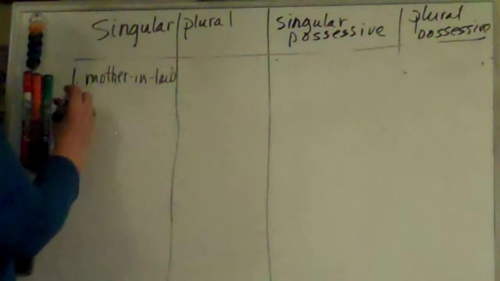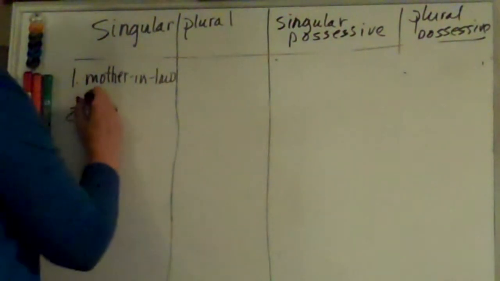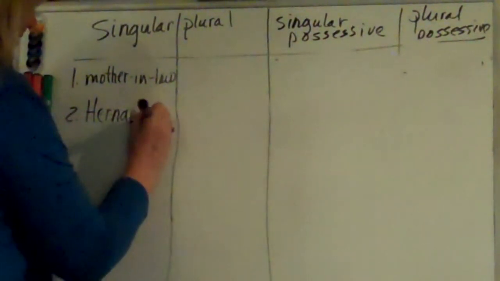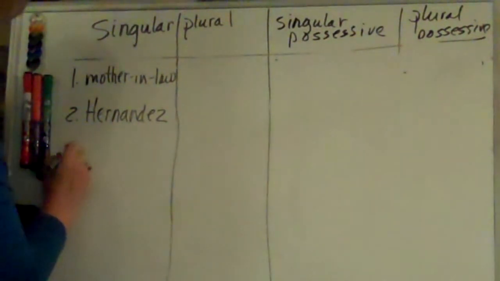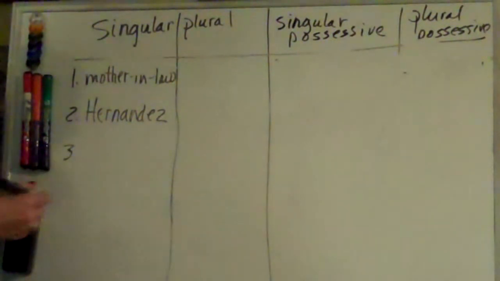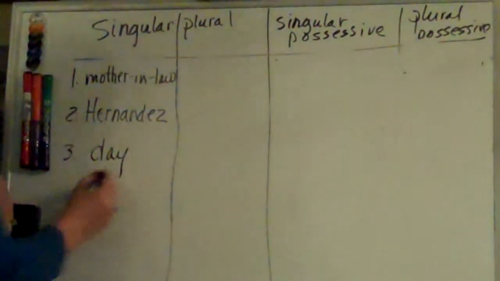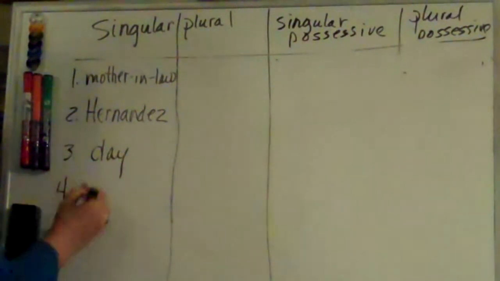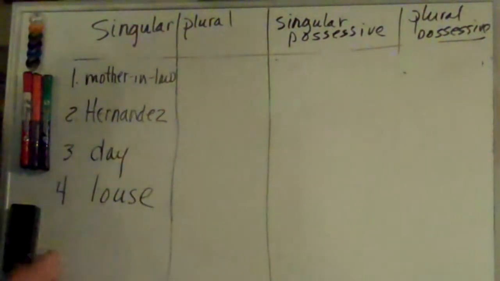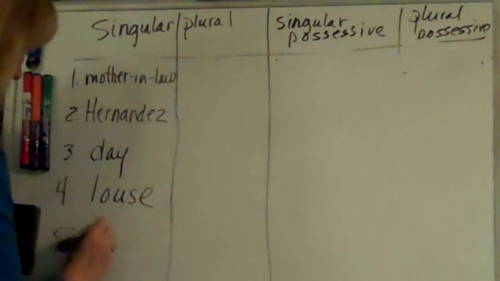So mother-in-law, someone with the name Hernandez, how about something like, 1 day's vacation, 2 days vacation, so we're going to say day. How about something like louse? And something like sheep.